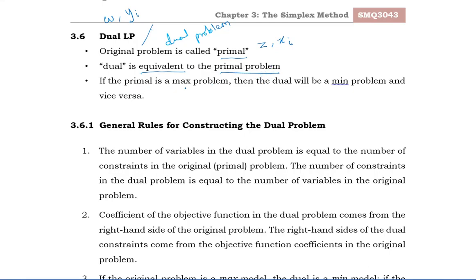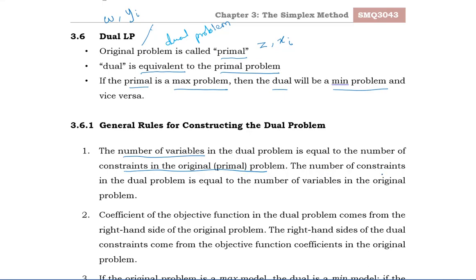If the primal is a maximization problem, then the dual will be a minimization problem. So the opposite. Okay, so general rules for constructing the dual problem from primal. The number of variables in the dual problem is equal to the number of constraints in the original problem, or primal.